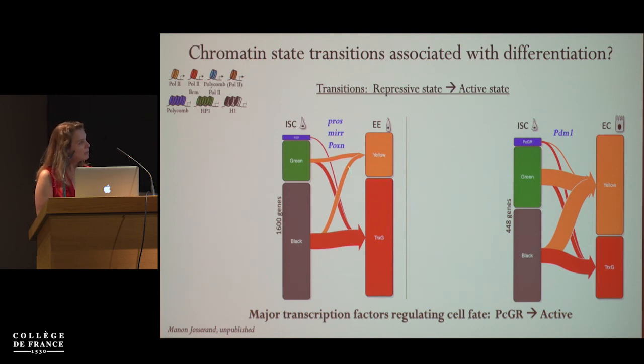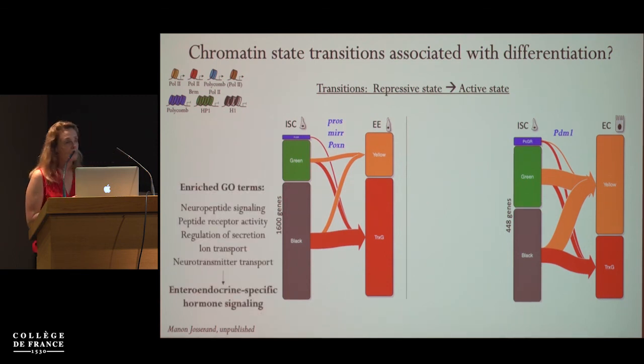As I said, one of the primary states that caught our eye was this transition from this large category of black states in the stem cell to activated states in the differentiated cells. And if we look at these genes and perform gene ontology on them, we see that those that go from black to active in the enteroendocrine lineage have terms such as neuropeptide signaling, peptide receptor activity, etc. And these are really what we know about the hormone signaling capacity of the enteroendocrine cells.